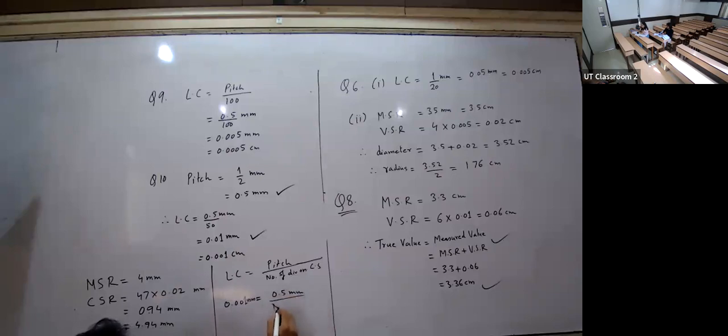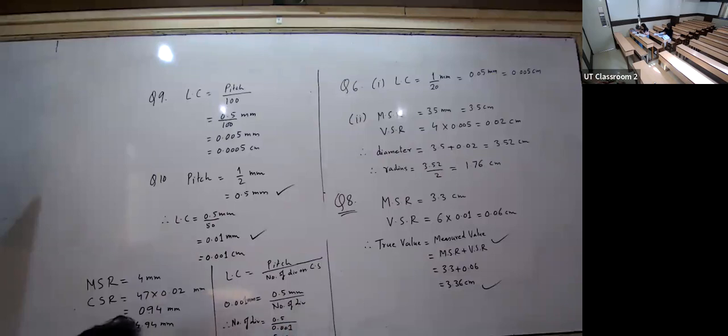So cross multiply. Therefore, the number of divisions is 0.5 upon 0.001. So multiply up and down by 1000, you'll get 500.